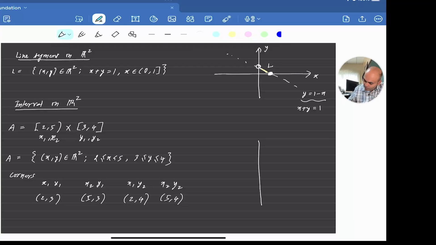Now we draw the real number plane x, y, and we mark the points on the x-axis 2 and 5, on the y-axis 3 and 4, and mark the corners.